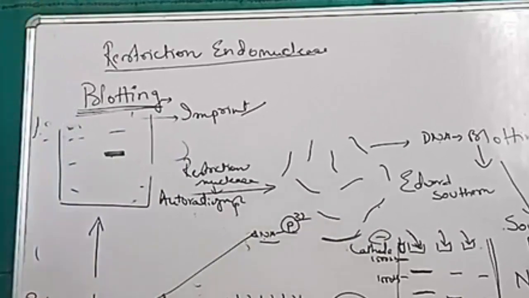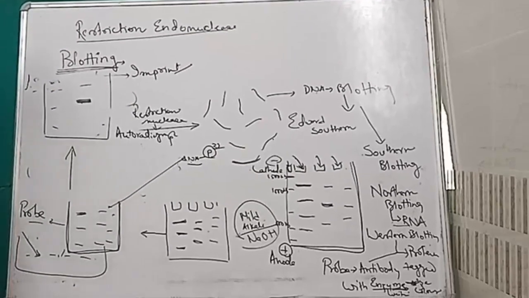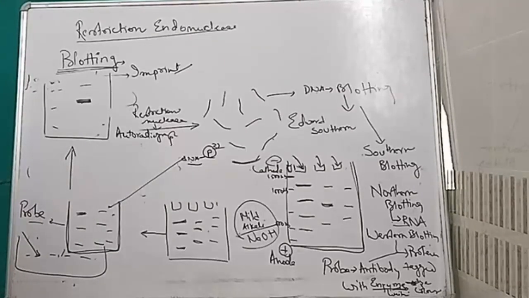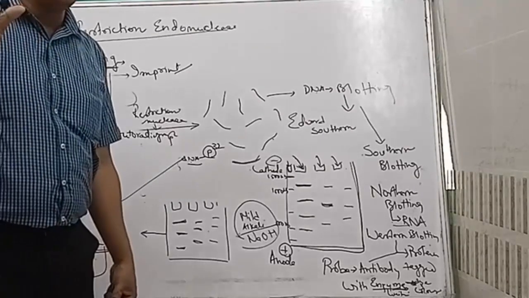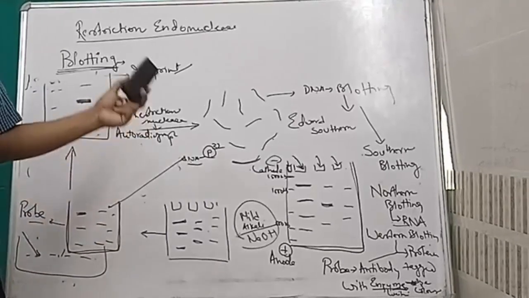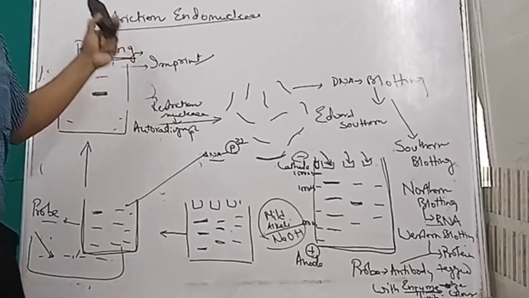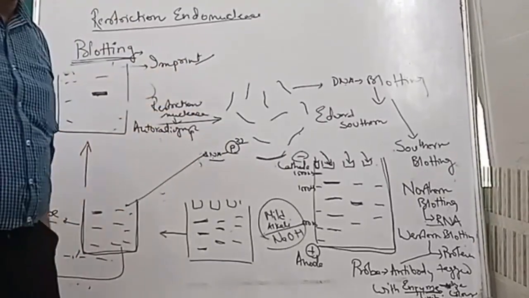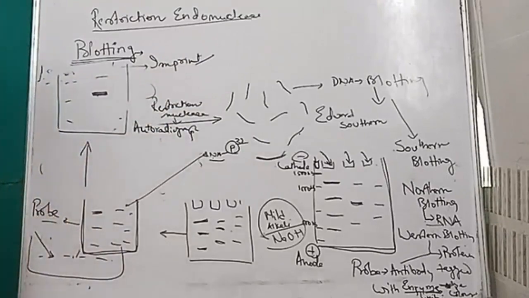So this is all about blotting in a nutshell. I hope with this we will be able to understand that the DNA fragment of interest can be obtained in this manner using various tools like restriction endonuclease enzyme, and then gel electrophoresis, and the blotting technique.